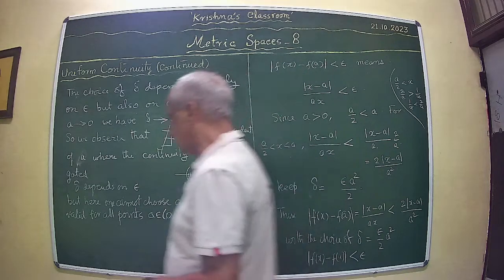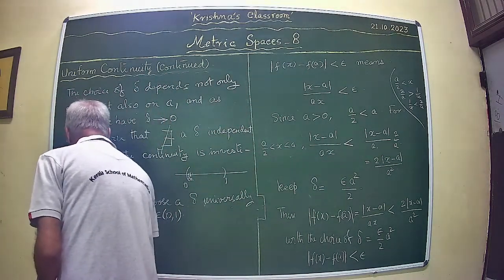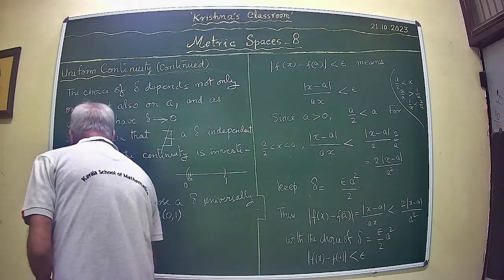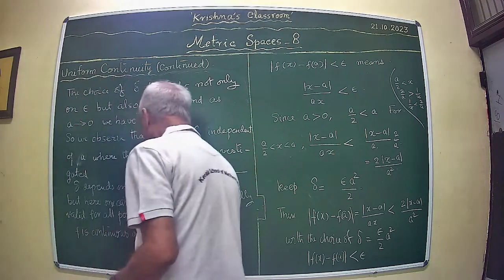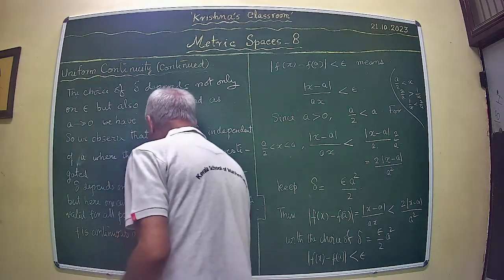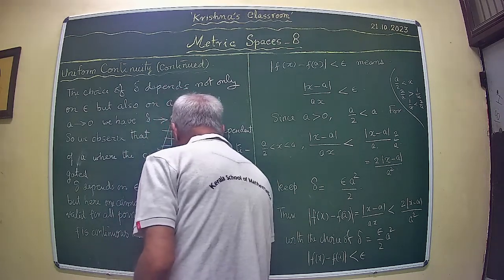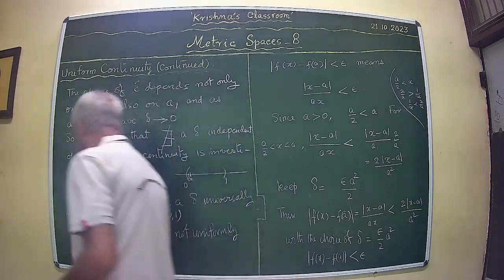So f is continuous at a, but not uniformly continuous.